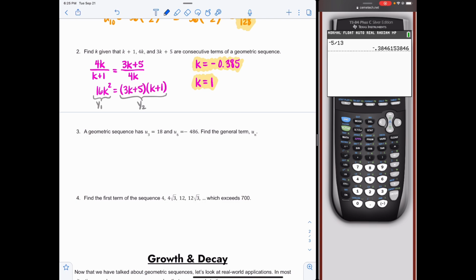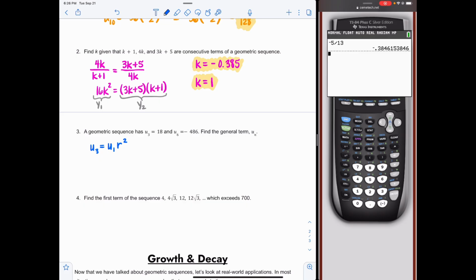So what we can do here is we can say, okay, in order to get u sub 3, you had to start off with u1. So we can say u sub 3 is equal to your first term, u1, times your common ratio, and you multiply by that common ratio 2 times before you ended up at the third term.